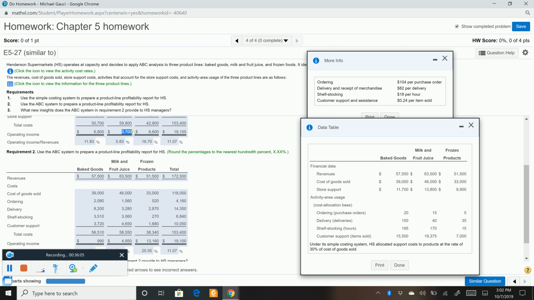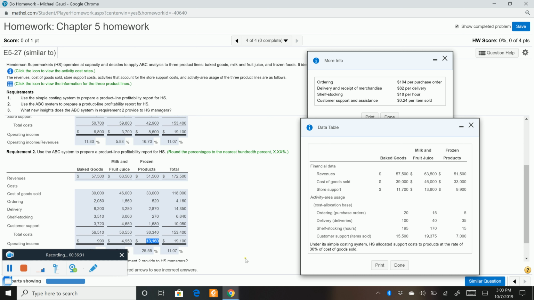The operating income was $3,700. Now it's $4,950. So we were clearly overcosting. Frozen products, we had operating income of $8,600. Using activity-based costing, the operating income is higher. All right, so with frozen products, we were overcosting as well. So this is something to keep in mind.